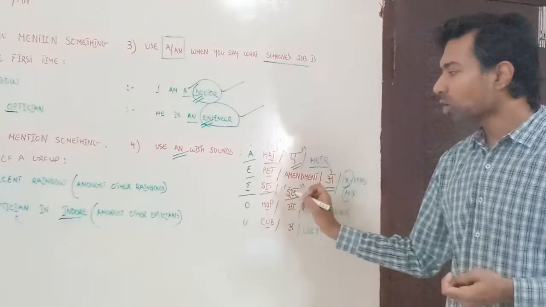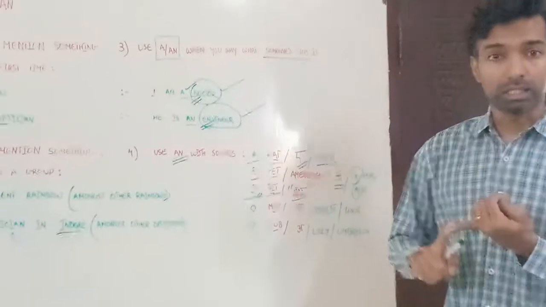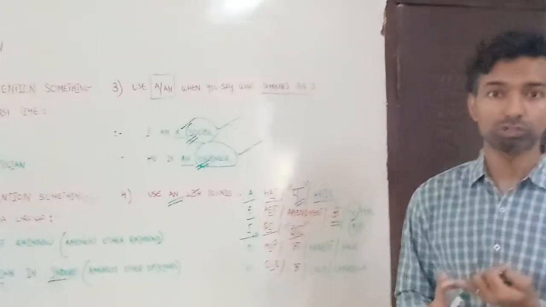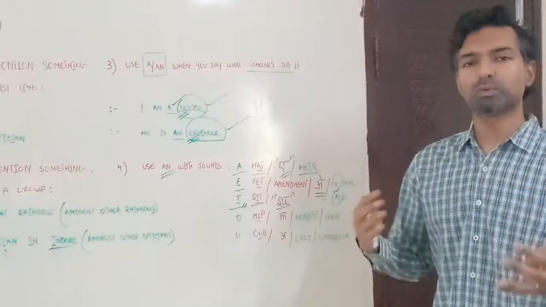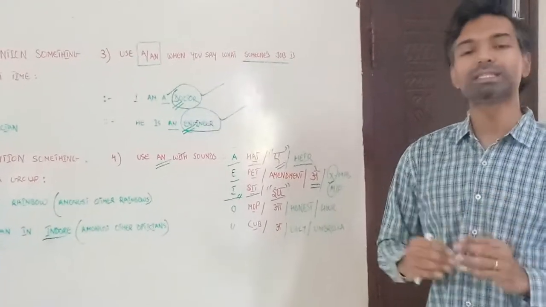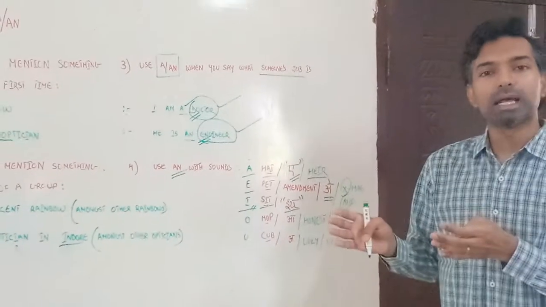So if I talk of the letter I, Indian, industrialist, India, most of the words beginning with I should sit with the article an. So he is an Indian.